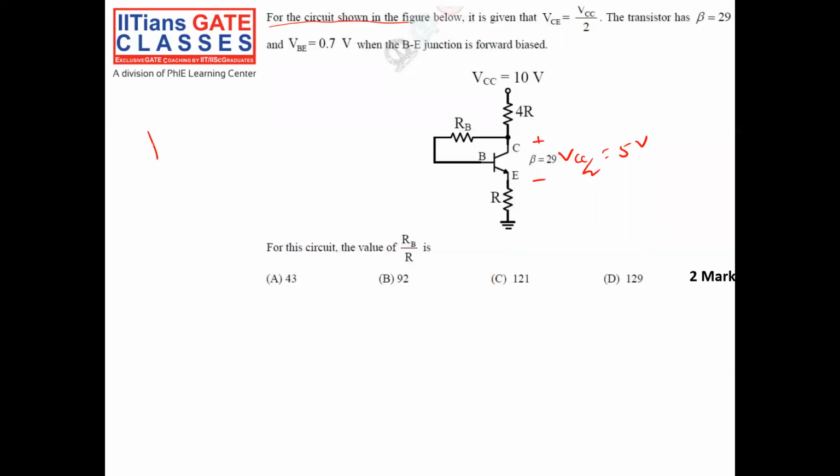Beta is the collector current IC divided by the base current IB. VBE is equal to 0.7, the drop from base to emitter when the base to emitter junction is forward biased. With these conditions, we need to find the value of the ratio RB by R. I think it's an easy question.